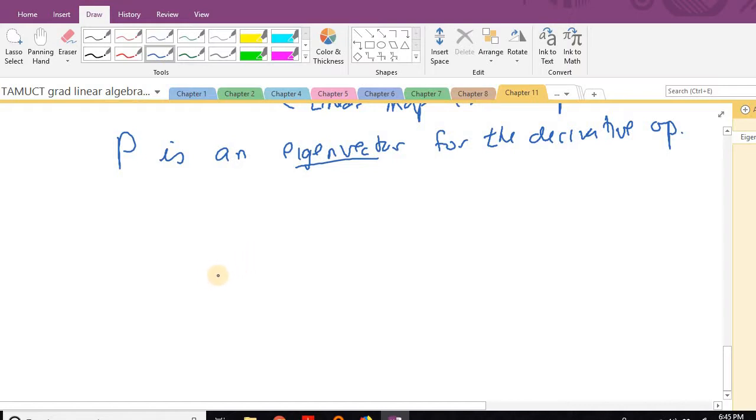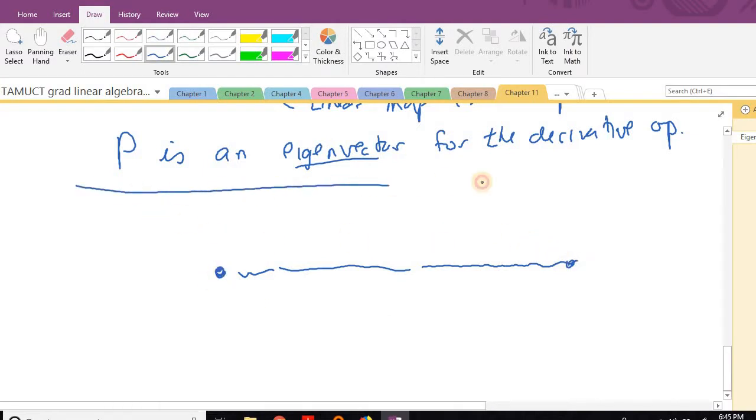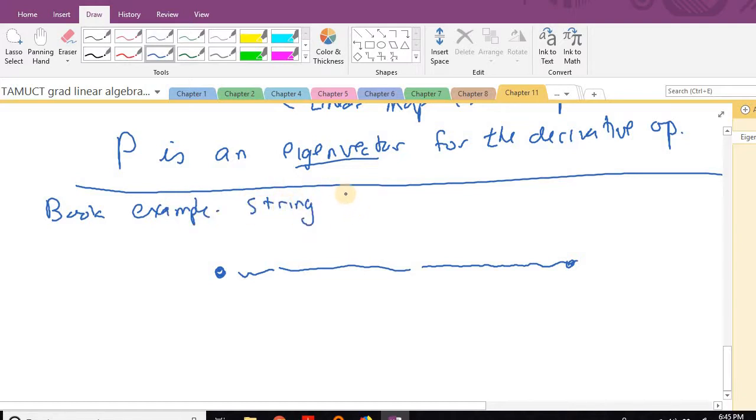But this is kind of a cool review of calculus. He says, suppose you have a string, a piano string or a violin string, and it's fixed here. So this is the book example, a string fixed at both ends.